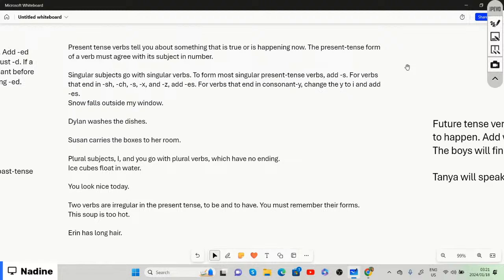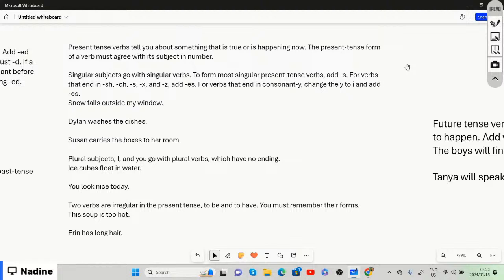And the present tense form of a verb needs to agree with the subject in number, meaning how many people or things we are talking about. So, for example, singular subjects go with singular verbs.